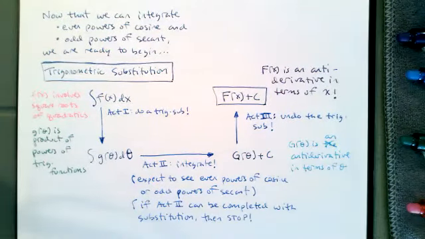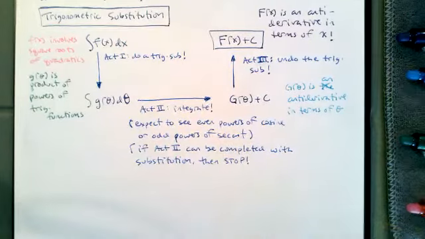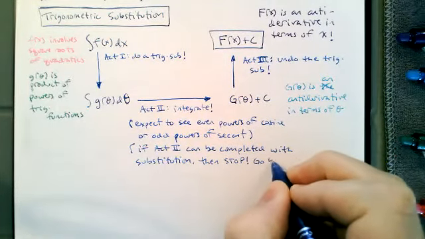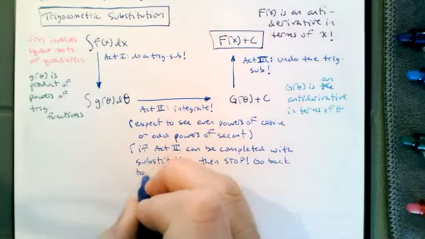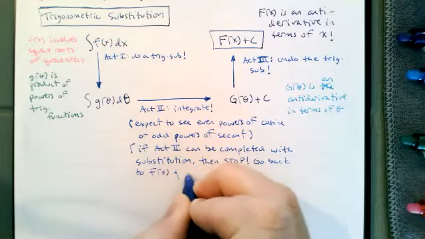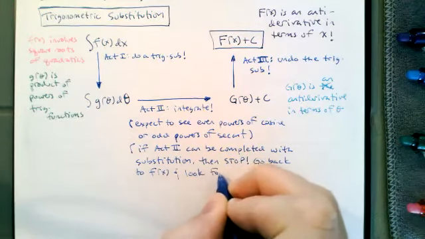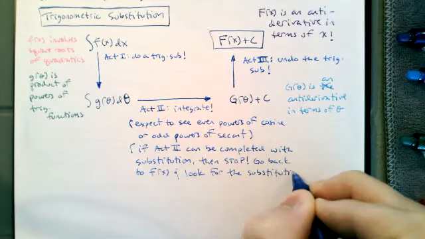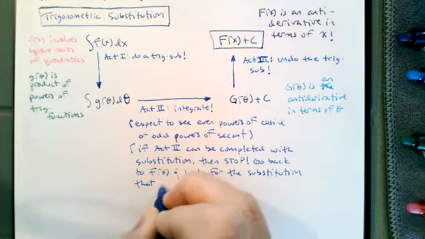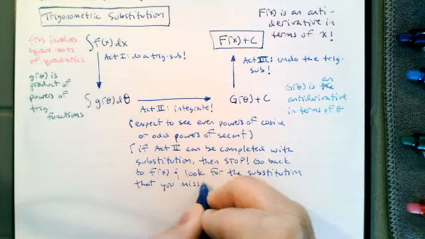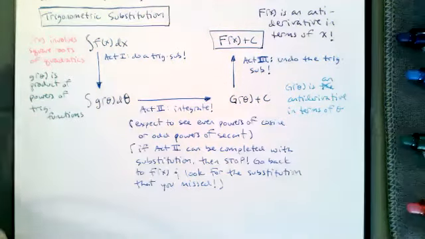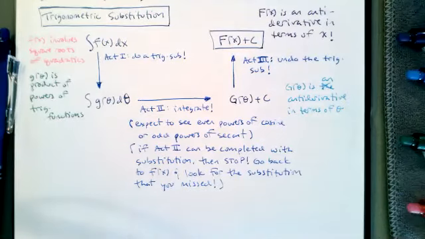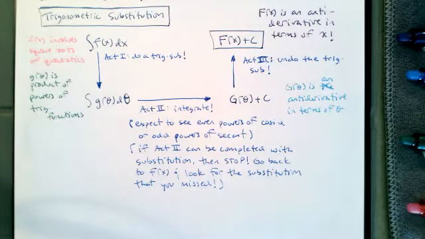If Act 2 can be completed with substitution, then stop, go back to f of x and look for the substitution that you missed. So these are just some things that we want to keep in mind going through this process.